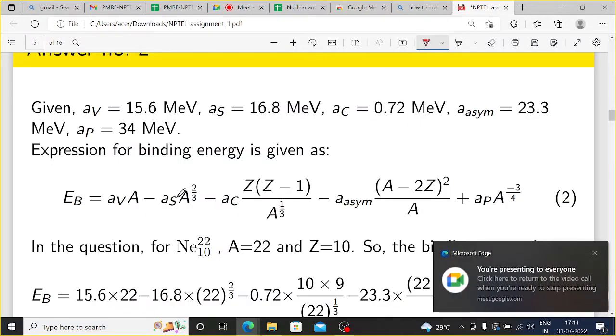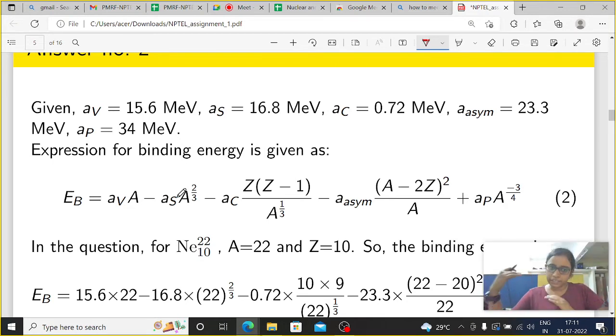In equation number 2, the first term is AV into A, the second term is AS into A to the power 2 by 3, and all the terms are here. The first term gives basically AV, the volume term coefficient, and AV into A is the volume term.